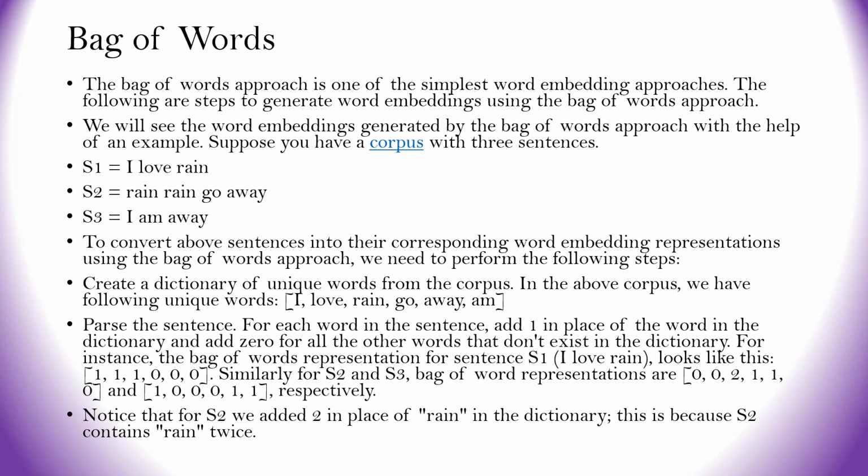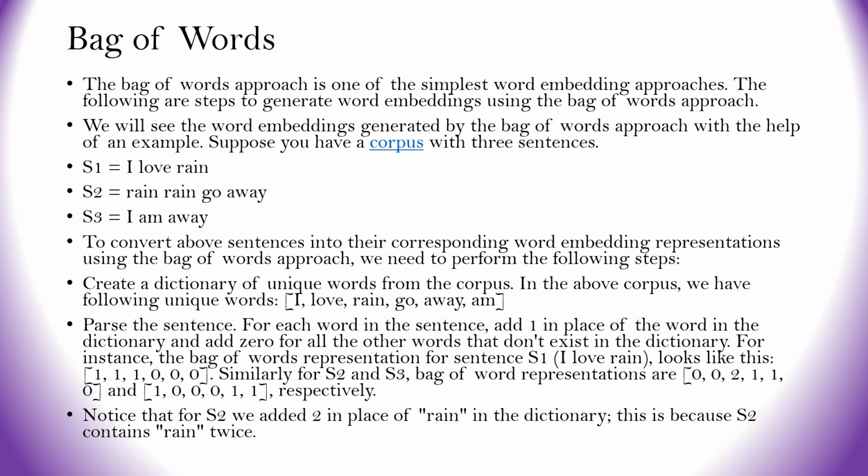Now, how the system is going to parse in the bag of words model is, as usual, like we had seen in term frequency. It does the job of converting each sentence, based on what is present in the dictionary, and then it is going to put 1 for the available words, and it's going to put 0 for the unavailable words. If the word is repeated twice, bag of words is going to count its frequency and then replace that number with 2 or 3 according to the frequency.